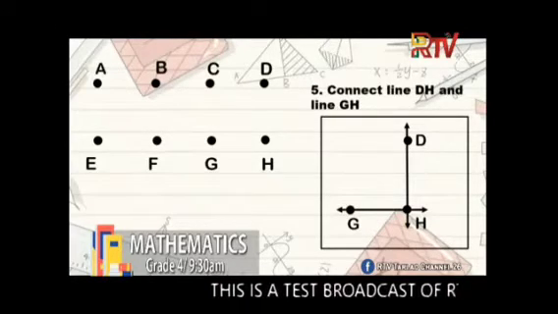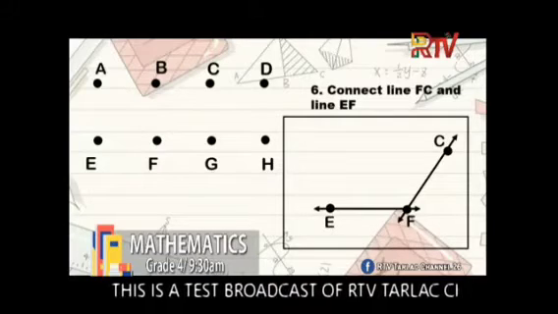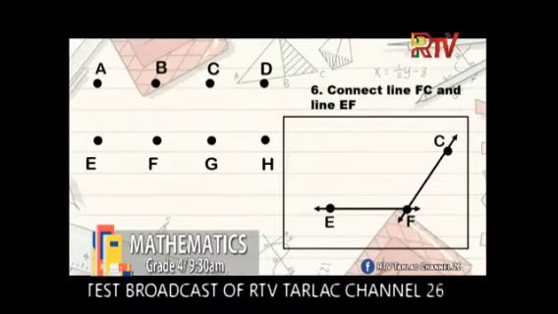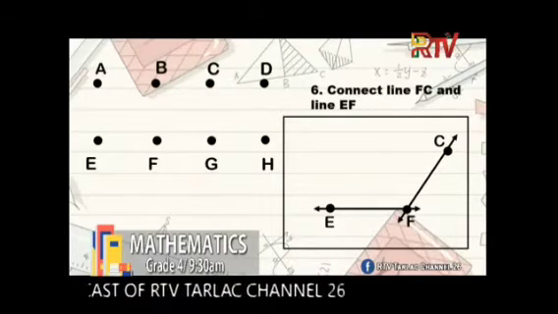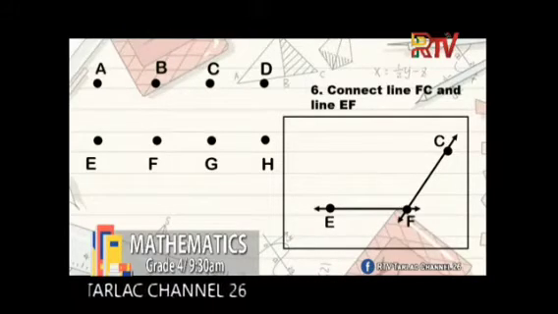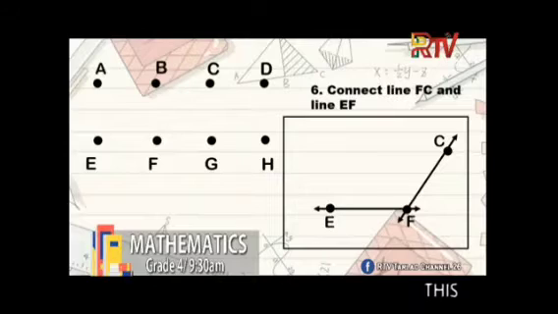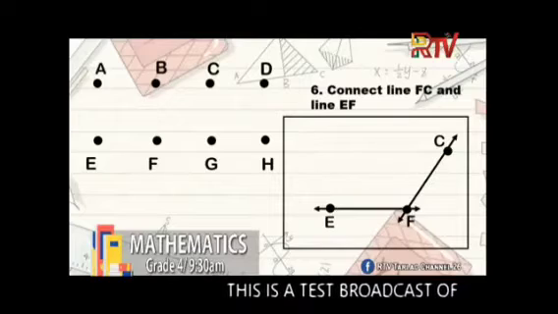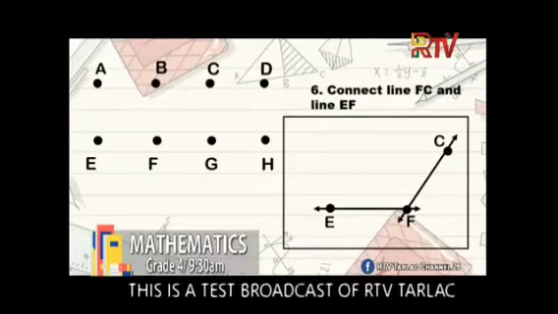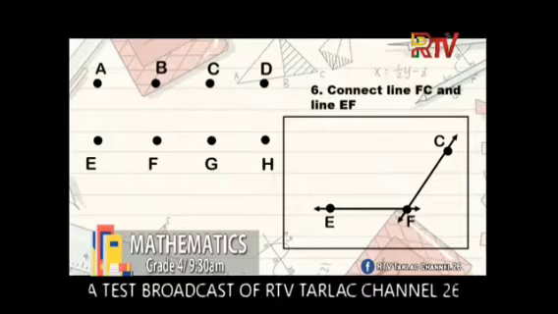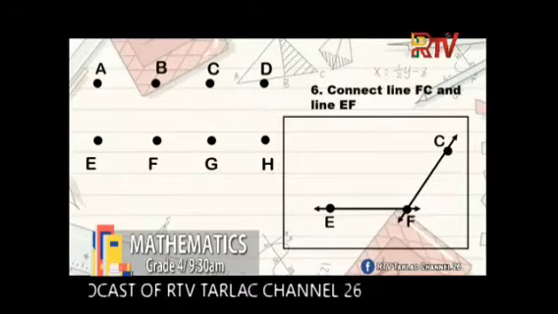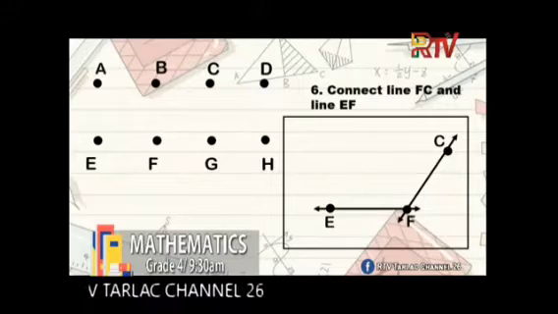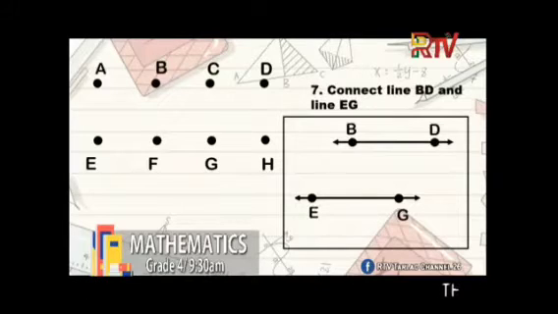Is it like this? All right. Number 7. Connect the lines BD and EG. Go. Do we have the same figure?